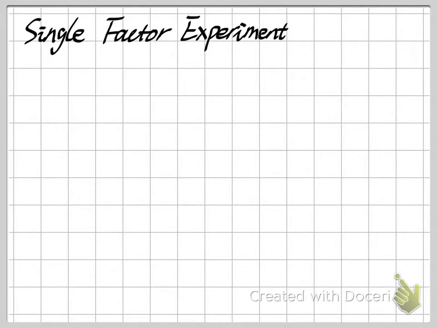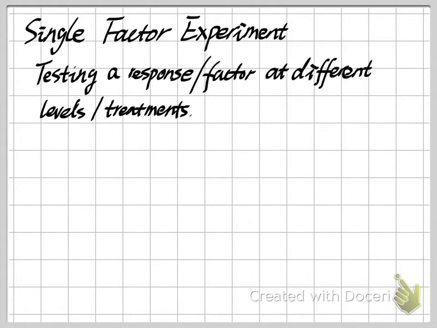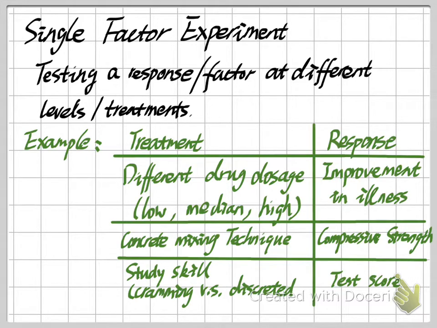So let's look at some examples here. We will focus on what the treatment is and what the response is. For example, the treatment can be the drugs or medicines.